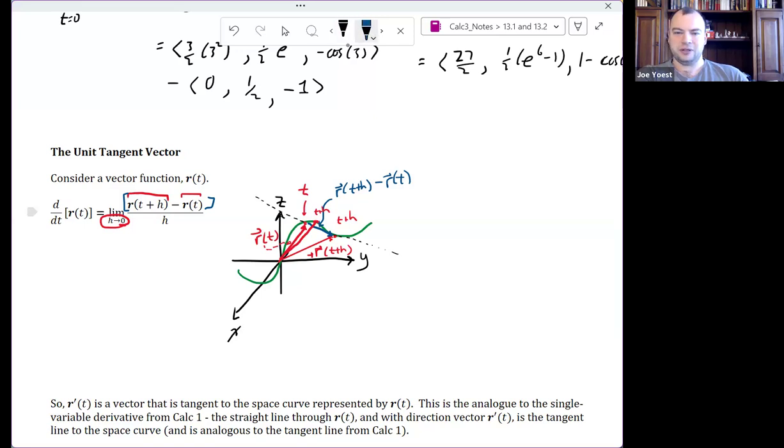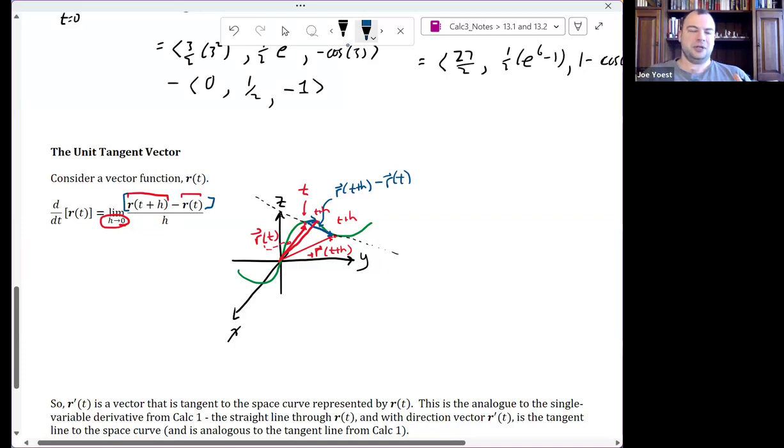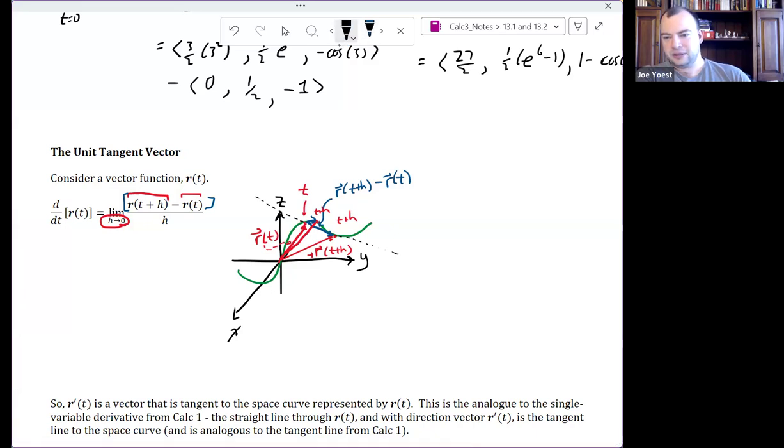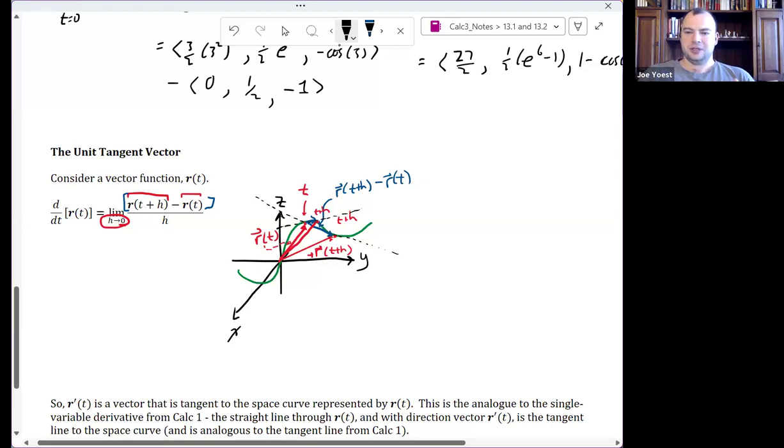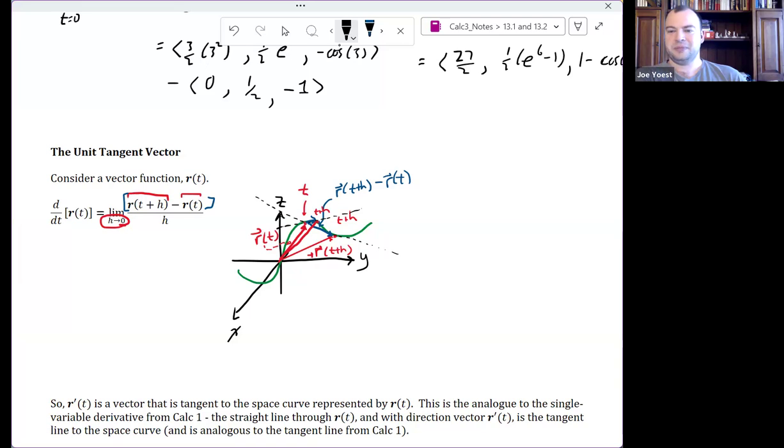The vector in the numerator, the difference between those, is still going to be that straight line connecting those 2 points that are getting closer and closer together. The extension of that is still going to be a secant line, but its 2 points are being squeezed together almost down to 1 point.